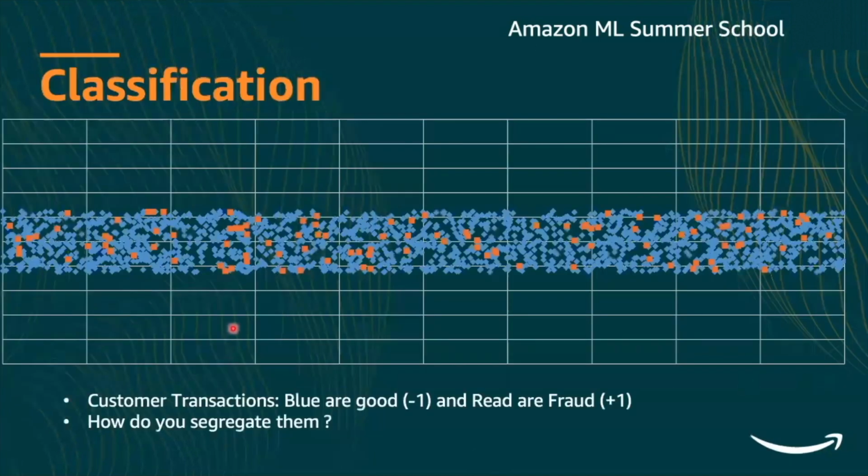Now, let's look at the problem of predicting if a customer transaction is fraudulent or not. On the figure, what you see is the order stream. The blue points are the good orders, and the red ones are fraudulent orders.